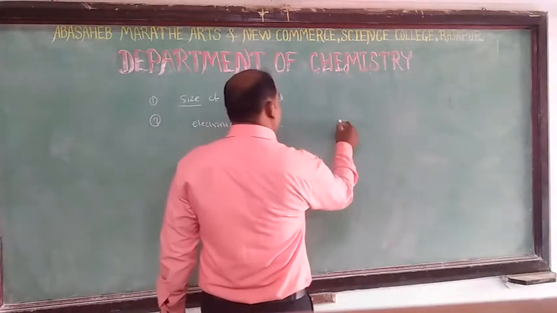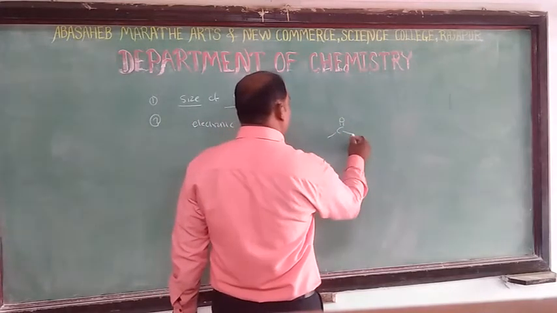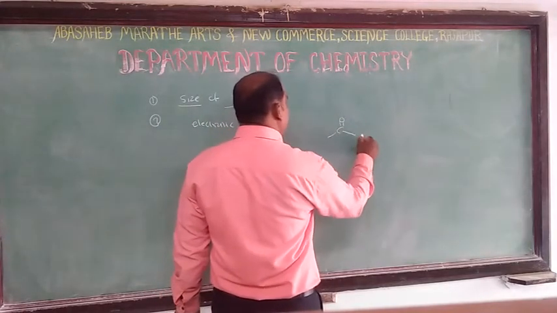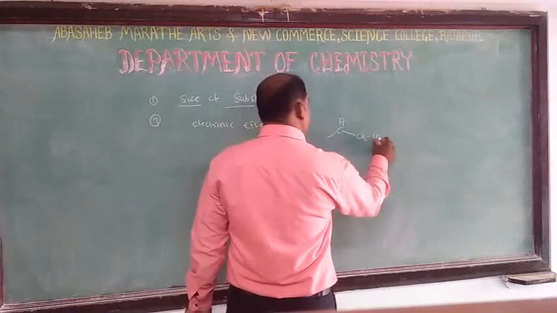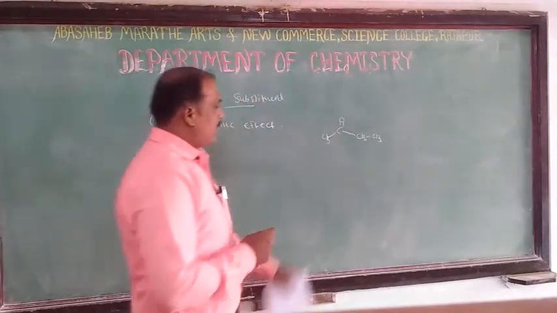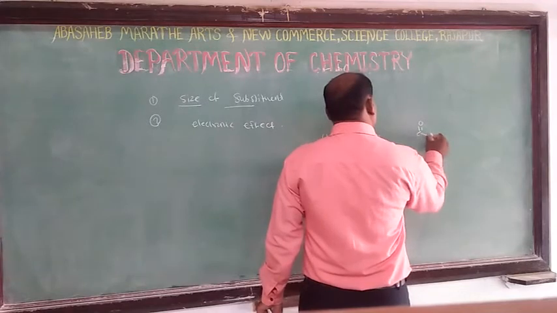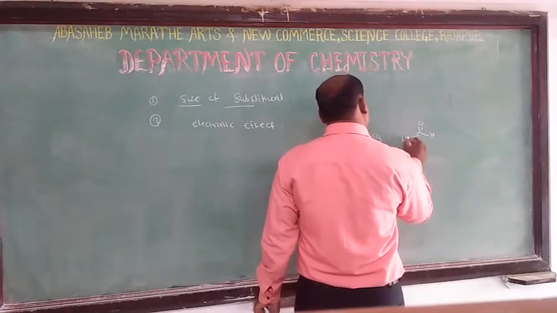If the carbonyl carbon is attached to substituents, like CH2CH3 and CH3, that is a ketone, and this is an aldehyde.